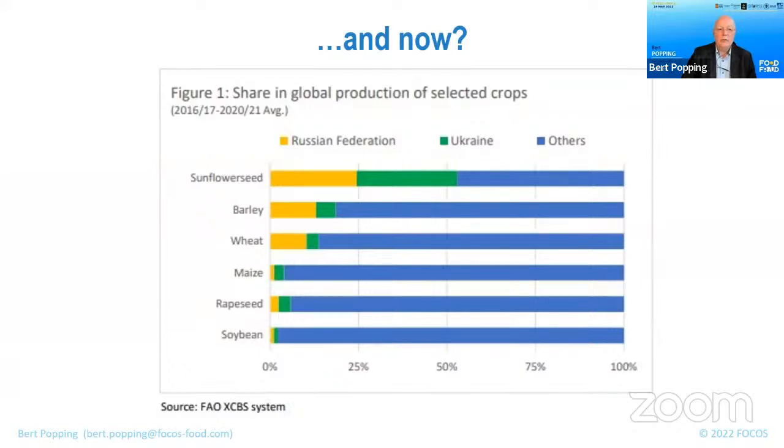That means those two countries, if there is no production or no export, there will be a very severe shortage of sunflower oil and cake. And then it's also a major producer of wheat and barley. So that will also impact the disruption of the supply chain, the shortages.